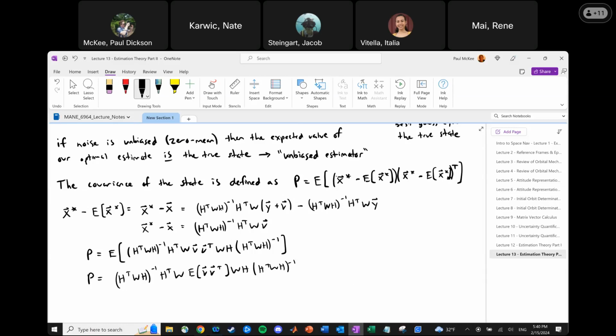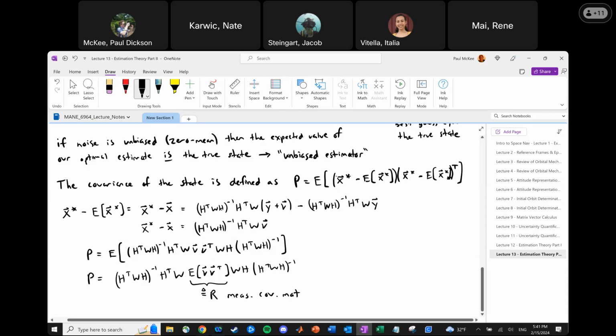Okay, now expected value of nu nu transpose. Have we seen that before? That is the definition of R, our measurement covariance matrix, which we're going to assume that we know.